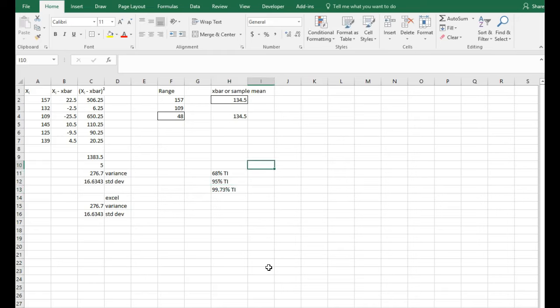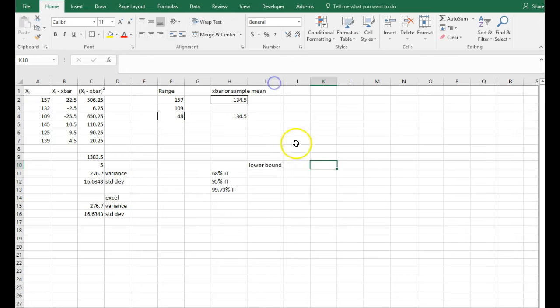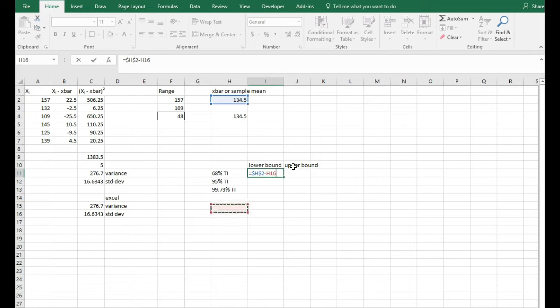Or we'll say lower bound and upper bound. The lower bound is going to be the mean, and I'll hold on to that by hitting F4, minus just 1 standard deviation. So we'll go find the standard deviation. Either one of these will work, and that's the lower bound.